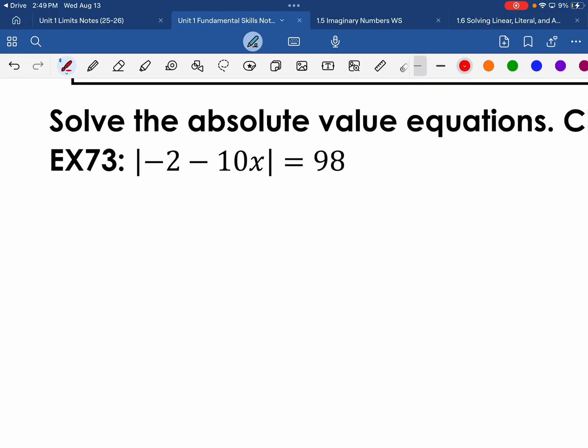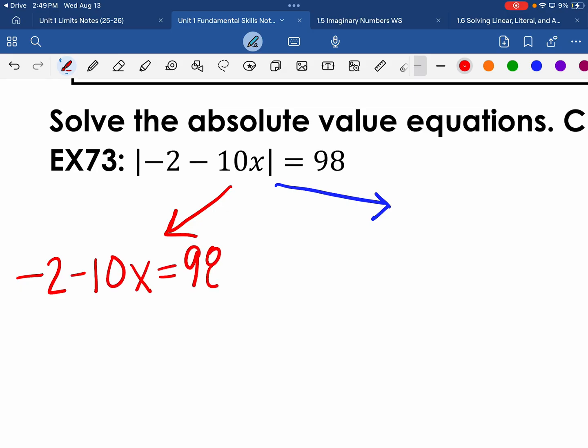So when you get, like on example 73, your absolute value bars, you have to split this up into two different equations. The first equation, you're going to leave the exact same way, but without the bars: -2 minus 10x equals 98. The other equation, you are going to change 98 to be negative.